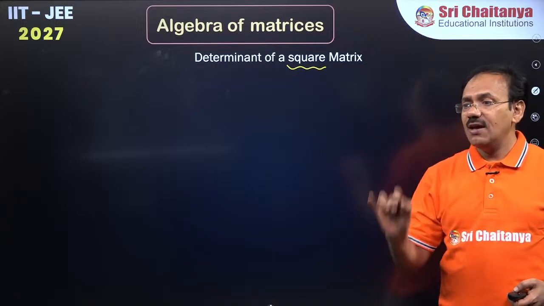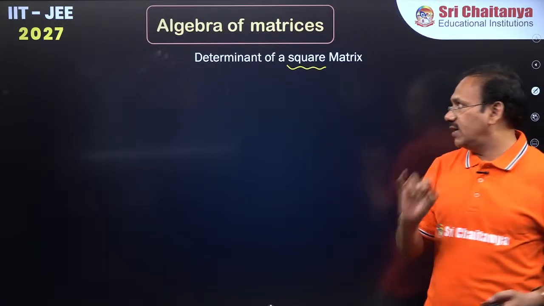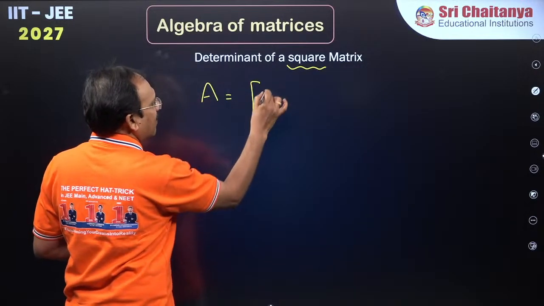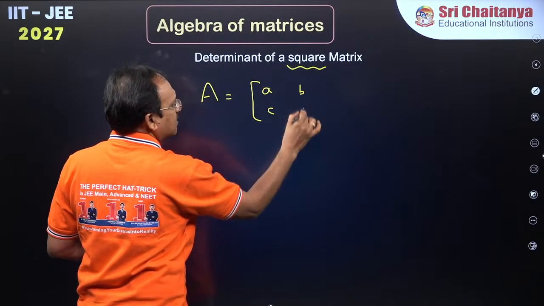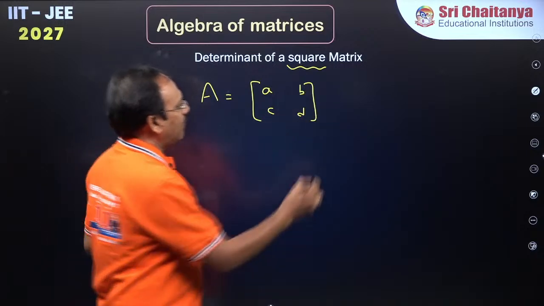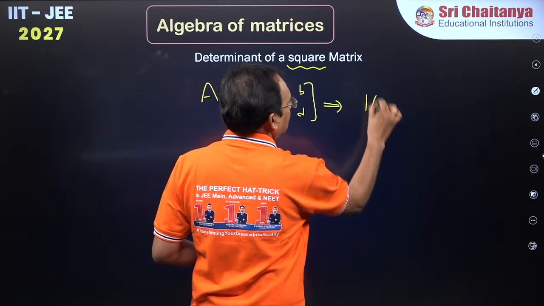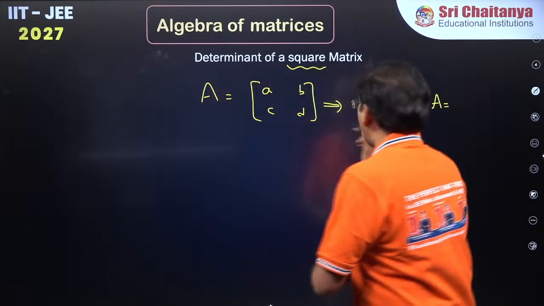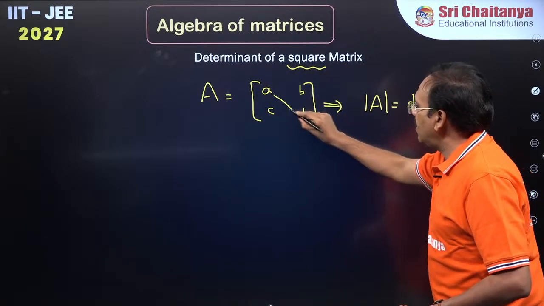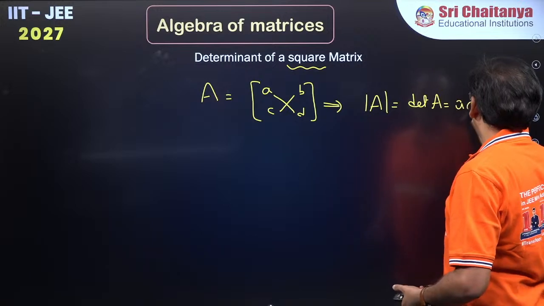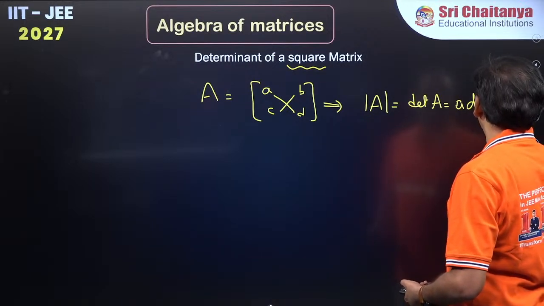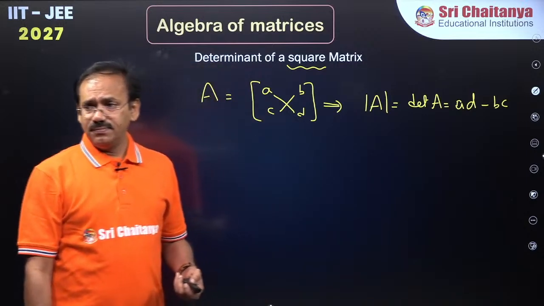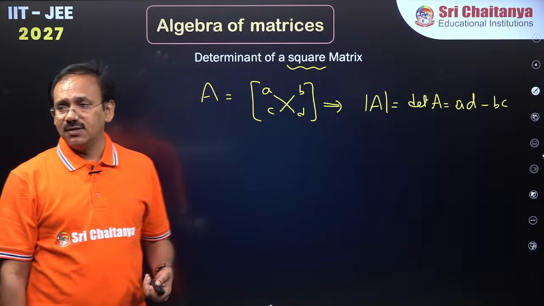Suppose A is a square matrix, say A, B, C, D. We define its determinant, det A, as the number AD minus BC. You know it well, AD minus BC. This number is called the determinant.